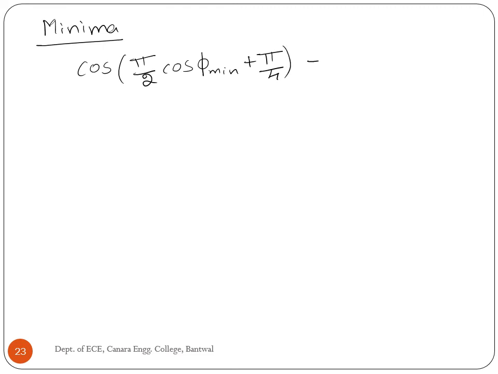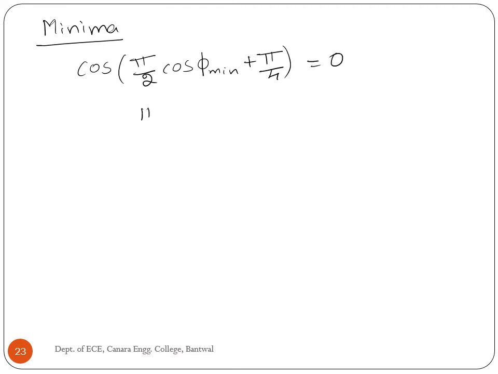To find out the minima direction, cos of (pi by 2 cos phi plus pi by 4) is equal to 0.